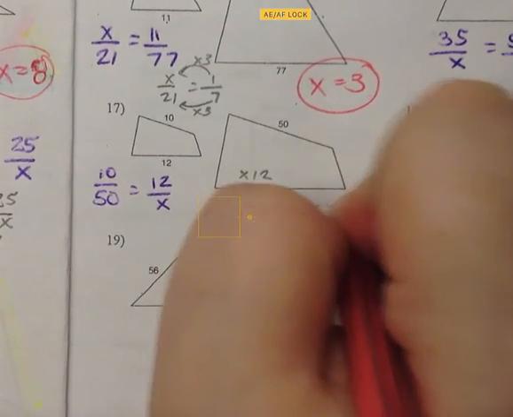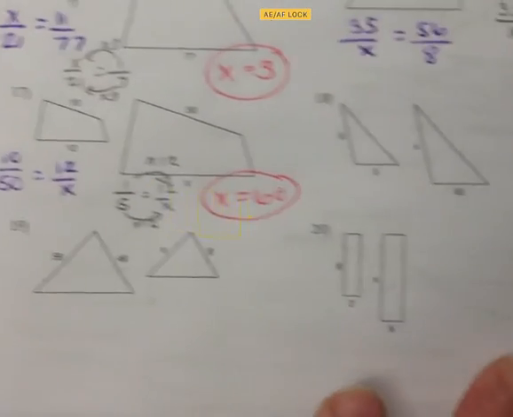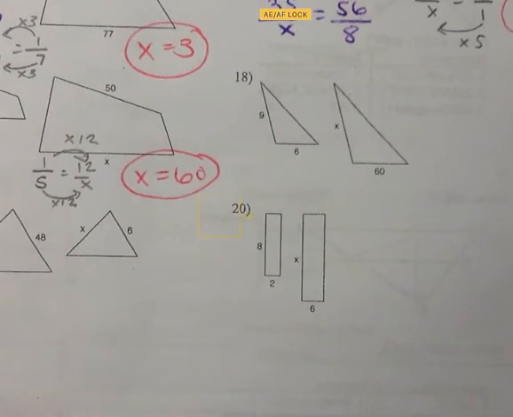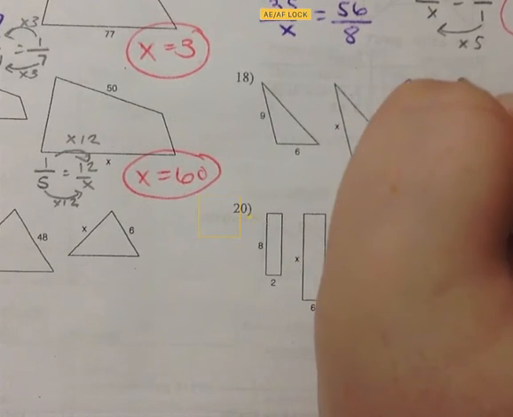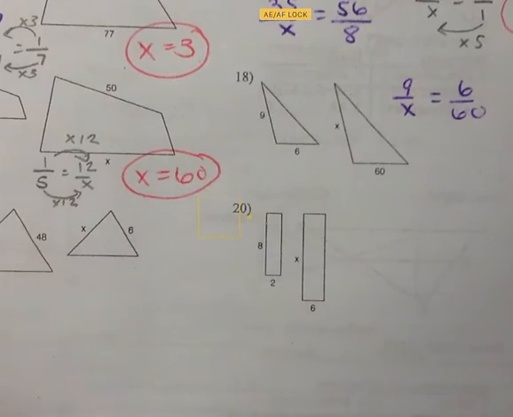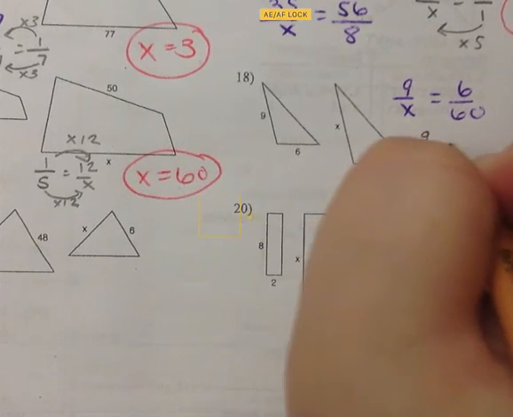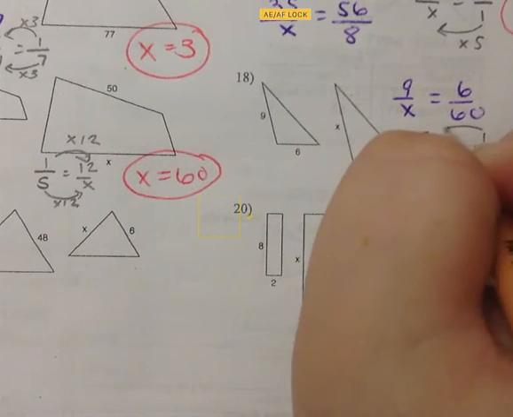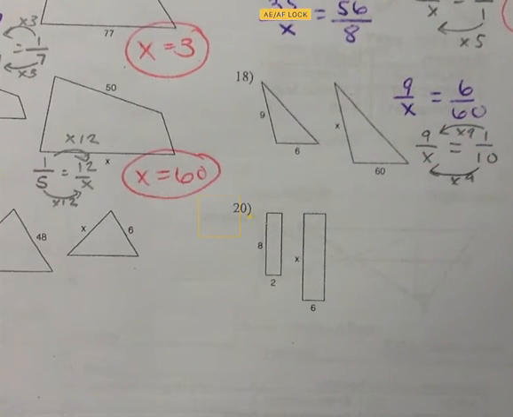So x is equal to 60. 18, we have 9 over x is equal to 6 over 60. 6 over 60 is 1 over 10, so 9 over x is equal to 1 over 10. So 10 to x, 1 to 9, you have to multiply by 9, multiply by 9. So x equals 90.